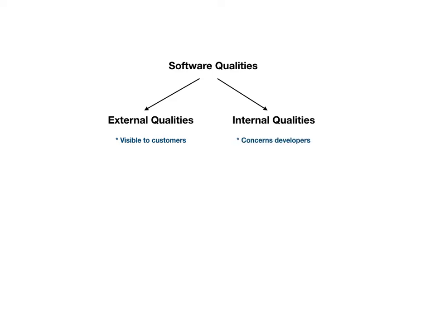Internal qualities concern developers, and you can also add your operational perspective and developer perspective here. I have listed a few external and internal qualities. There are more, but I have listed only 5.